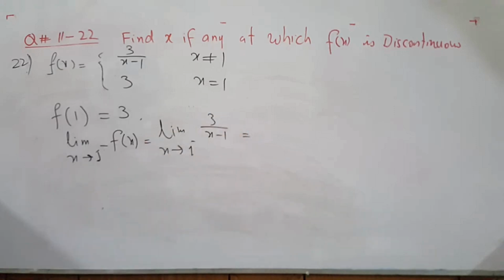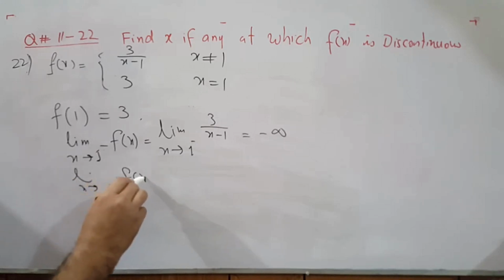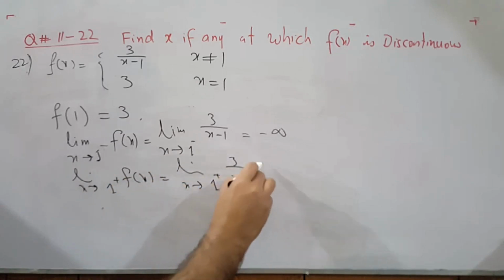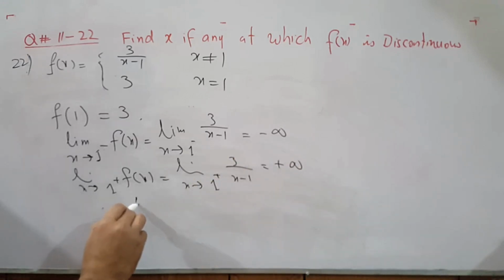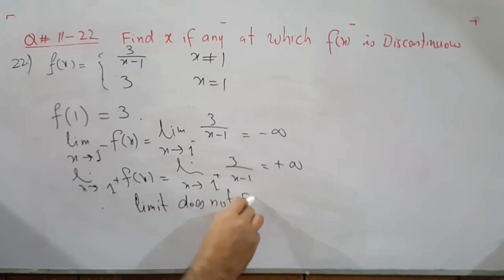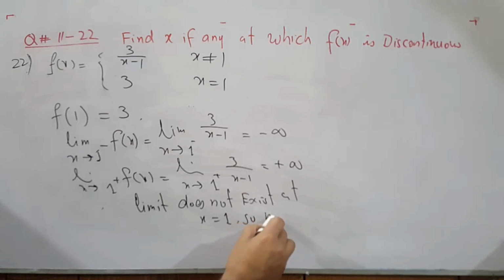This gives us negative infinity, and when x approaches 1 from the positive side, f of x has x minus 1. When you apply the limit, it gives us positive infinity. So the limit does not exist at x is equal to 1. So the function is not continuous at x is equal to 1.